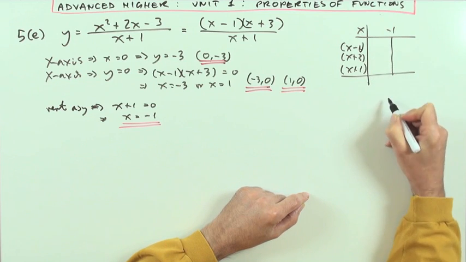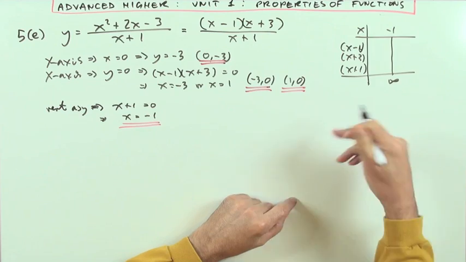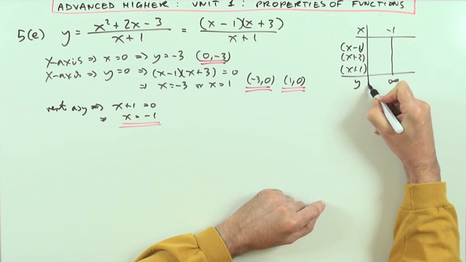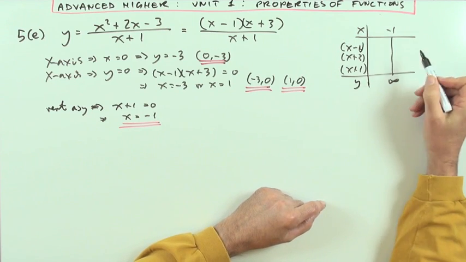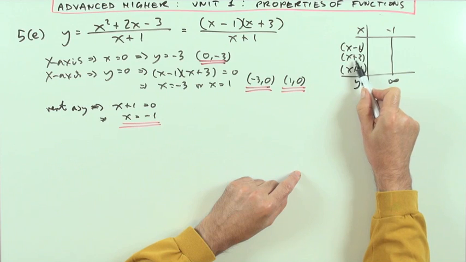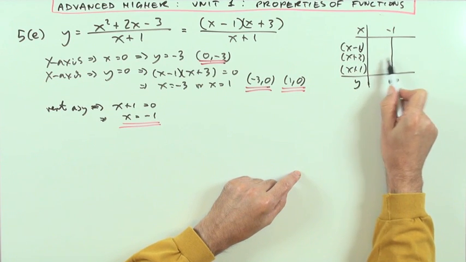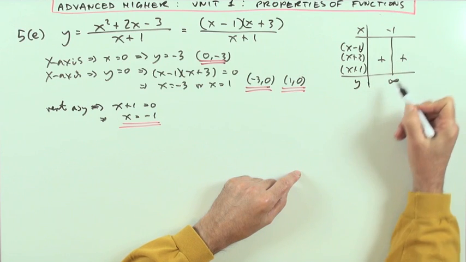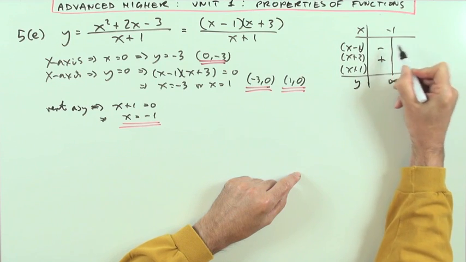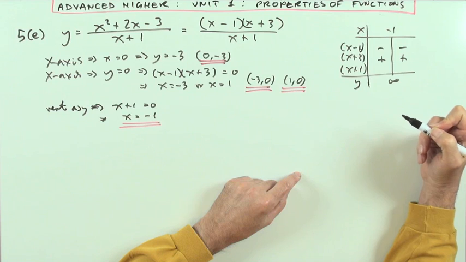I know that at negative 1, there's a break there, it just goes off. It's not defined, but I'm just going to write infinite, and then I'll find the sign on either side of it. Well, negative 1 plus 3 is going to give a 2, so either side of it is still going to be positive, if you just change it a bit. At negative 1 it'll be negative 2, just change it a bit, it'll still be negative either side of it.